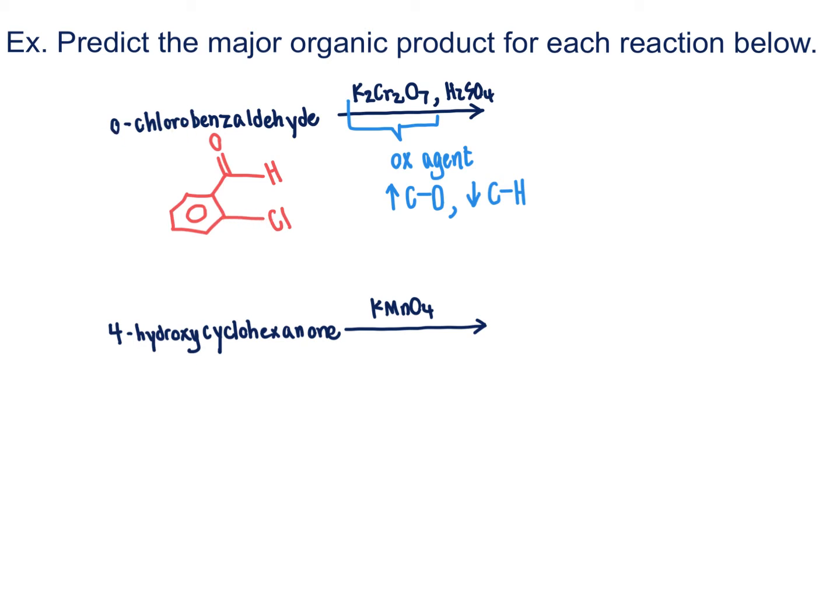In this structure, the only oxidizable group we recognize is this aldehyde functional group. Aldehydes are very readily oxidized, as we learned. And in aldehydes, when we increase the number of bonds between carbon and oxygen and decrease the number of carbon-hydrogen bonds, the location that is susceptible to that is the carbon which bears the aldehyde group, the carbonyl group there.